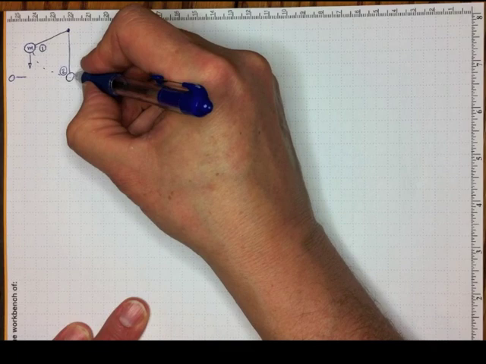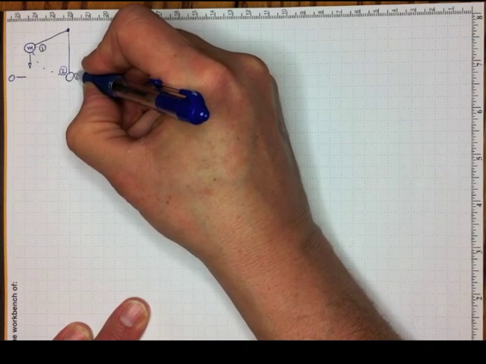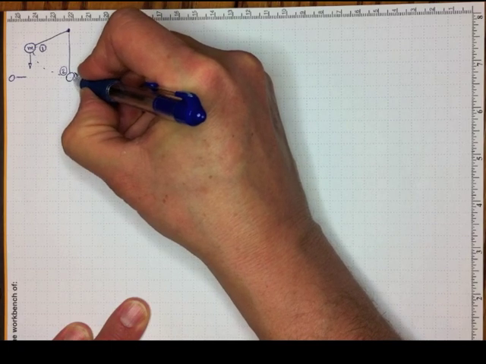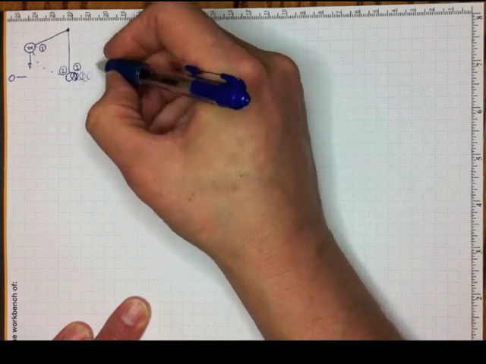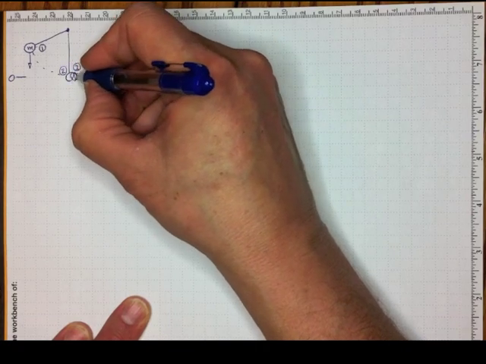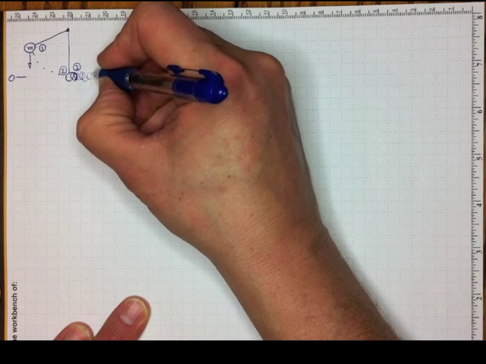If when it gets to point 2 it runs into a spring, so that as it moves on to a point a little further over here, point 3, it's compressed that spring a little bit, it stores that kinetic energy back as potential energy into that spring.